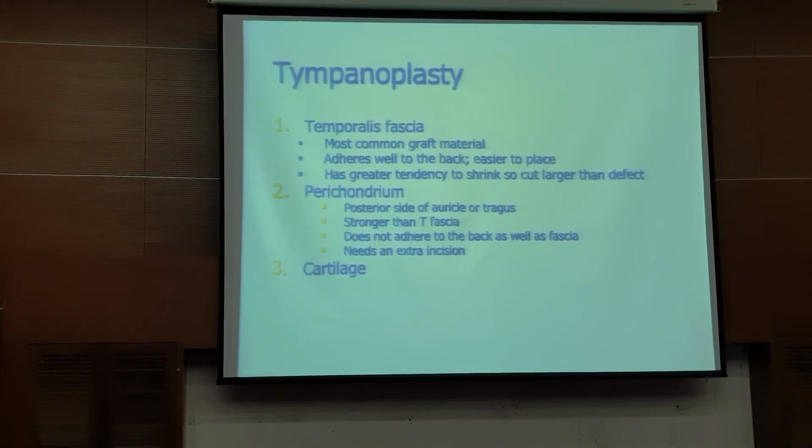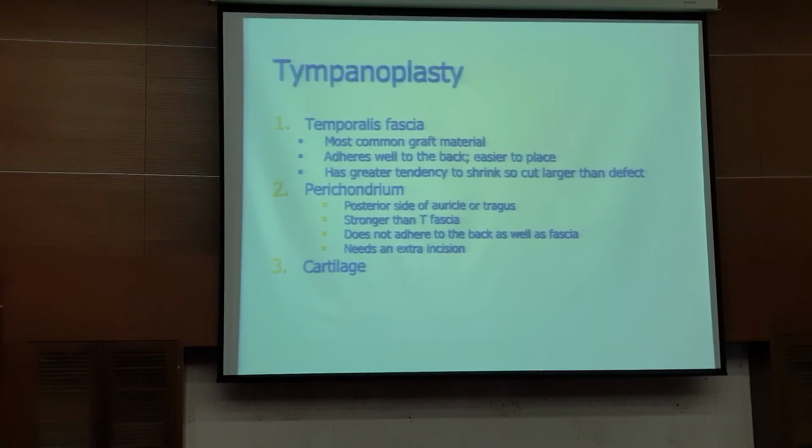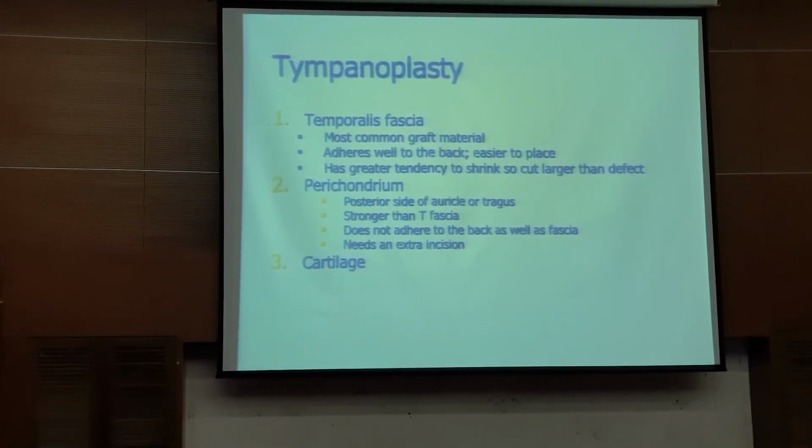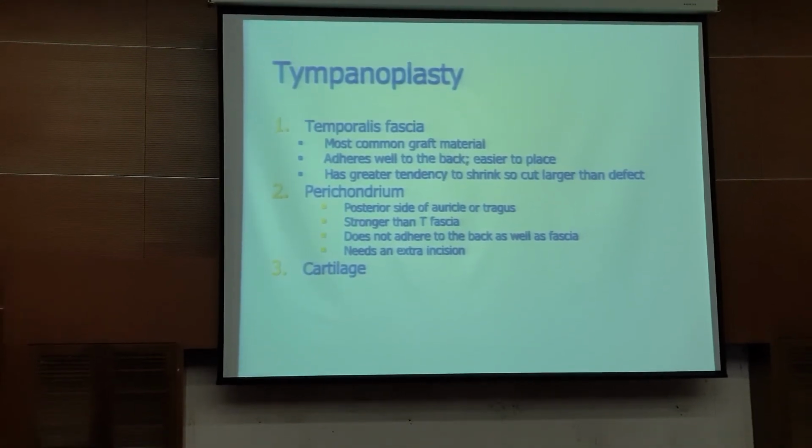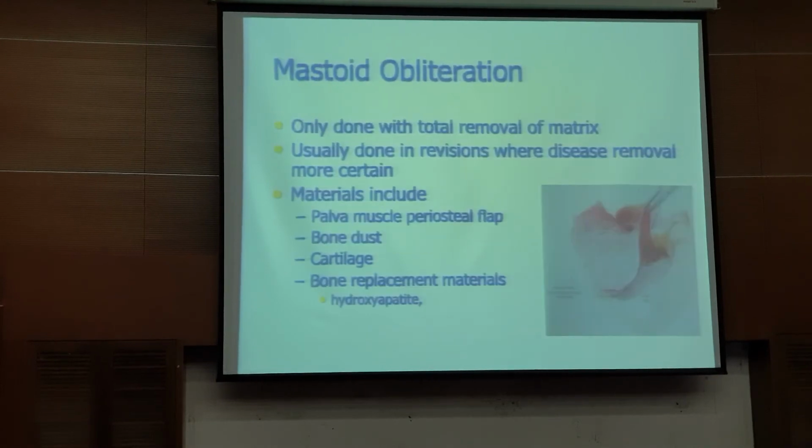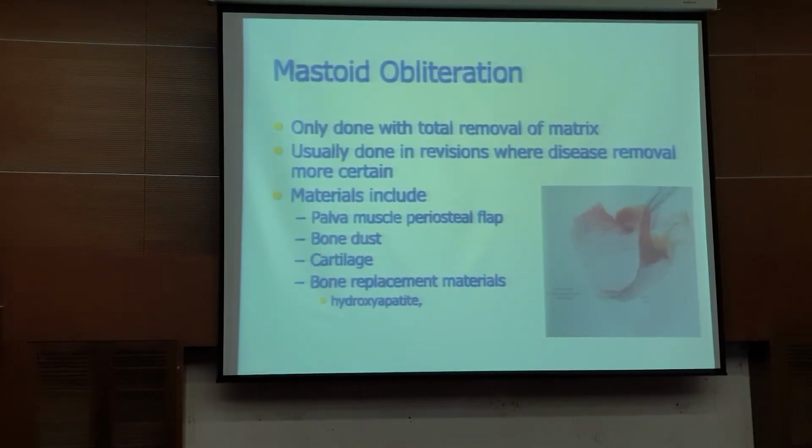The perichondrium, normally I take from the tragal cartilage, and I normally don't do the cartilage because with cartilage you need to have a proper plate or instrument so that you can slice it nicely, and it is more time consuming. Muscle obliteration, normally we will do an inferiorly based flap in order to put inside the mastoid cavity.